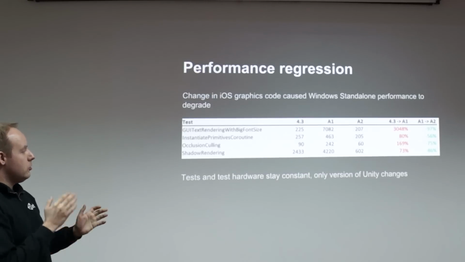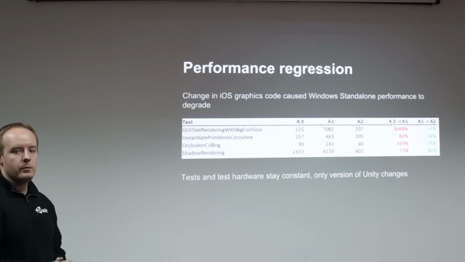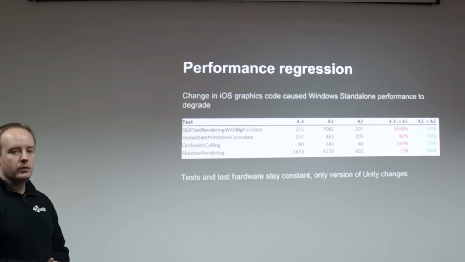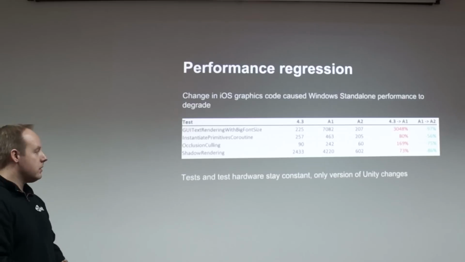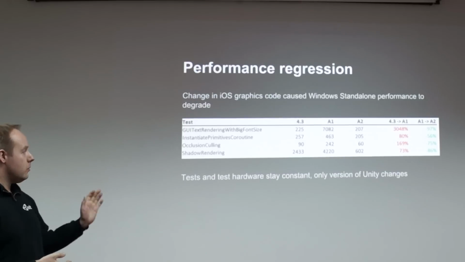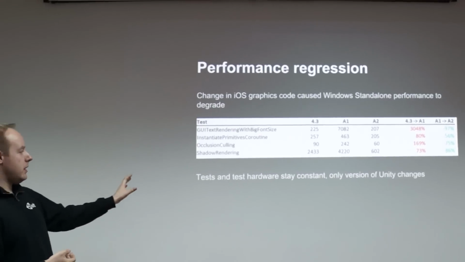So using this data that we can get from our performance tests, we can notice this kind of bugs or performance regressions. And we can also notice when we have a fix that works for this kind of an issue. One important point of how we do this kind of testing is that everything else needs to stay constant.